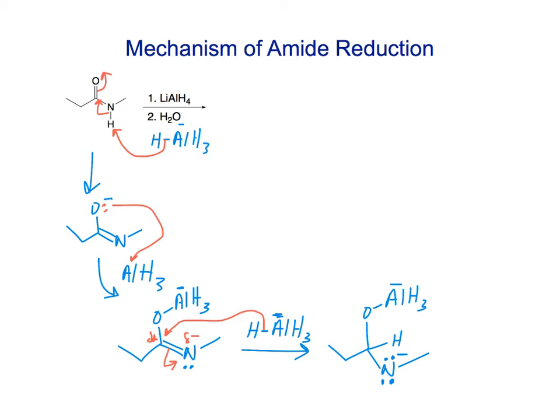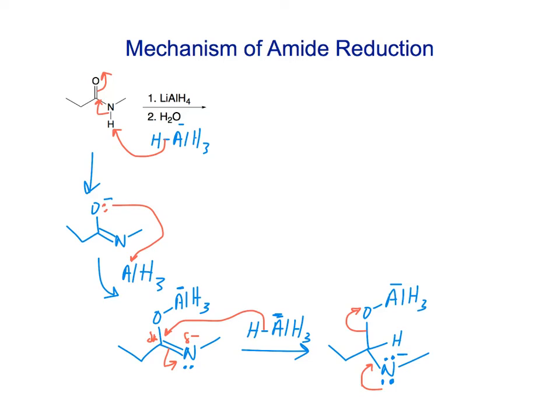Okay, so this is a tetrahedral intermediate, right? And the nitrogen with a minus charge is just like we saw before with the oxygen with a minus charge. And so these electrons can come down here, and we can lose this leaving group.